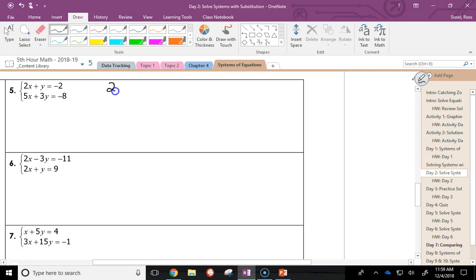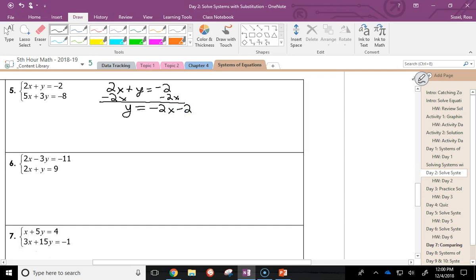So I'm going to say 2x plus y equals negative 2. And I want to solve for the y because there's only one y. So I'm going to subtract 2x from each side. Y equals negative 2x minus 2.